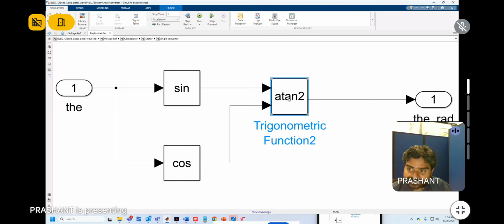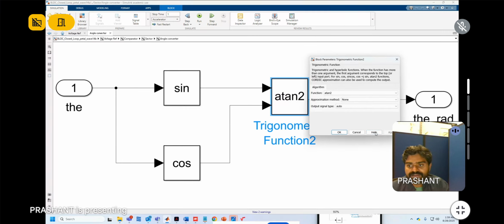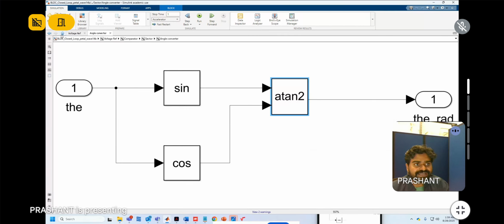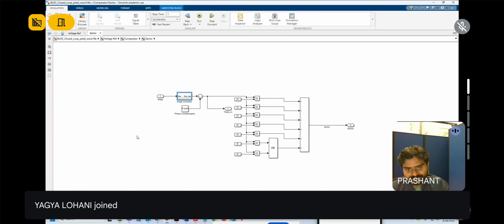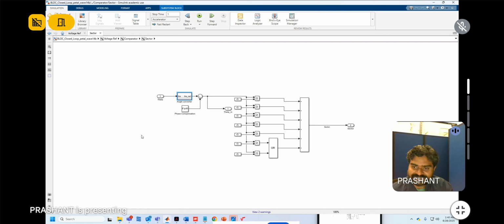And atan2 considers both signs of the cos and sine components, and the output range. Wherever we require radian to degree, there we will multiply with some k constant, that means 180 by pi, and it will give degrees from radians.